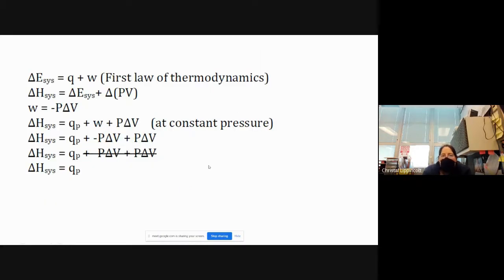Here are some laws that we talk about. The energy of the system is equal to heat plus work. The change in heat of the system is going to equal the change in energy of the system plus the change of pressure times volume.